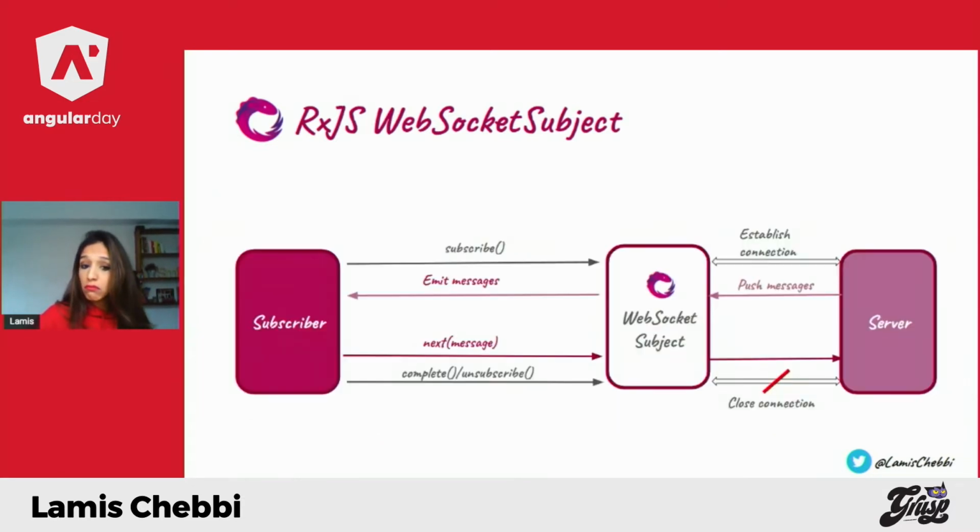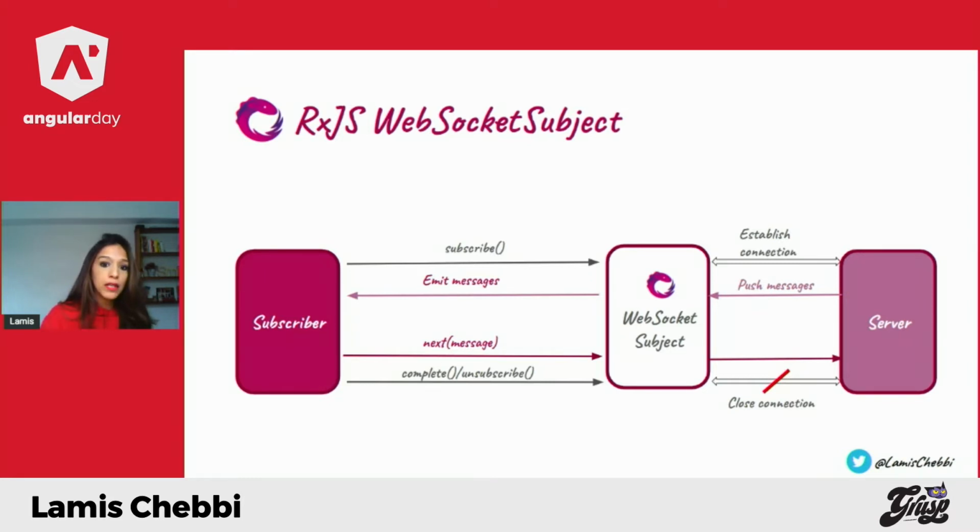So I said that you have to call this WebSocket factory function, which returns an RxJS WebSocket subject, this special kind of subject that you can subscribe to in order to establish the connection with your server. There is no connection before subscription. Even when you call it, you get this instance of the RxJS WebSocket subject, but if you didn't subscribe to it, nothing will happen.